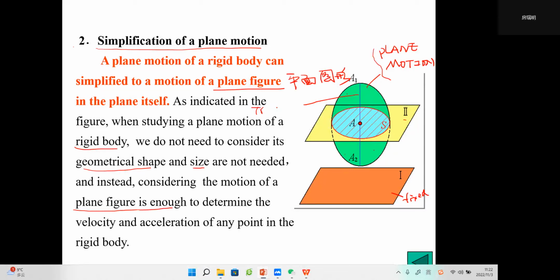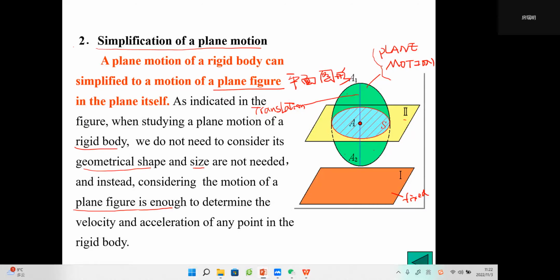Can you understand that? Translational. Because this line will totally move with this green rigid body, but it will never change its orientation. It always keeps its vertical direction. So this line A1, A2 is a line on this rigid body, but its motion will only be translation.